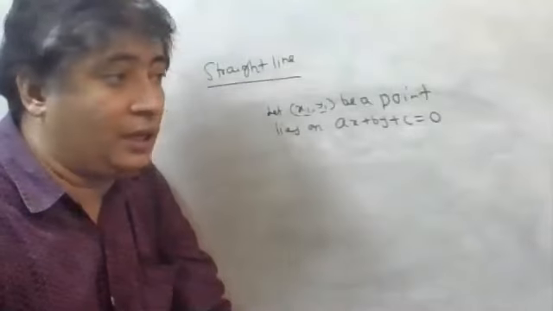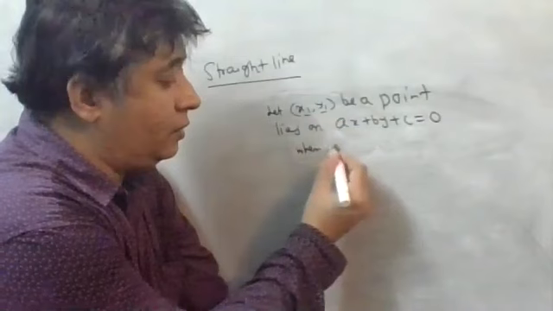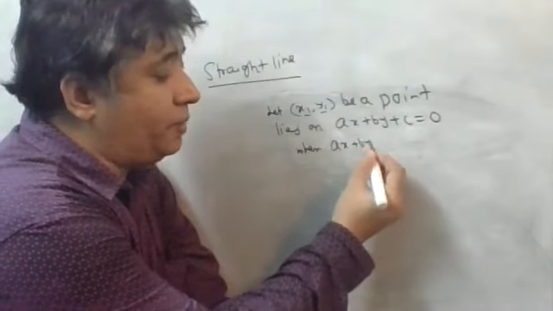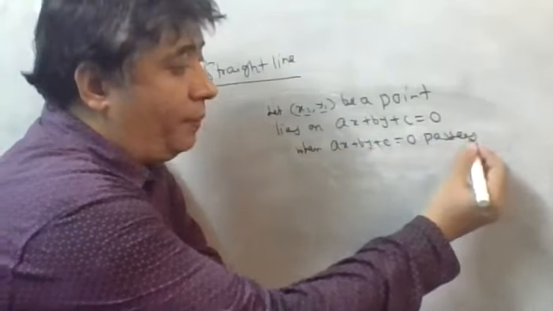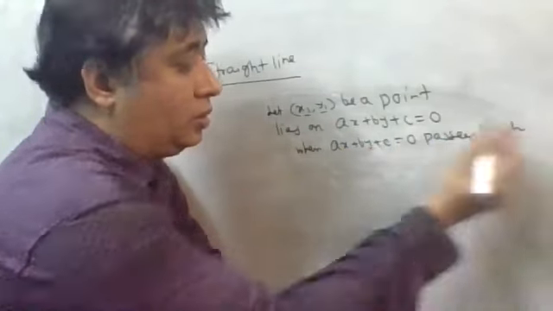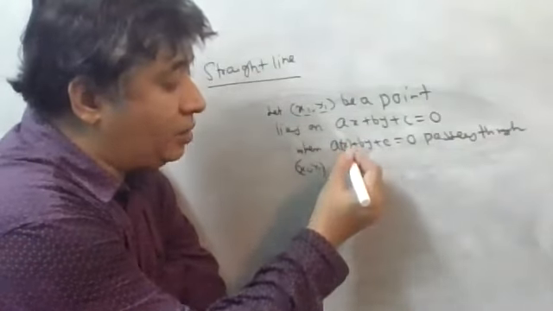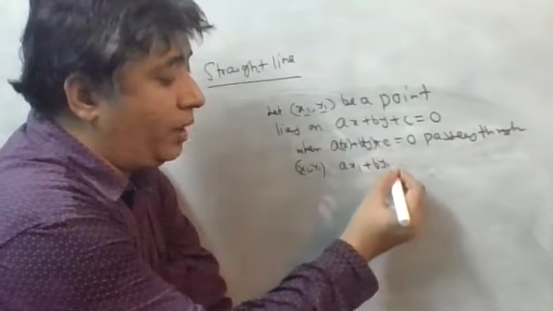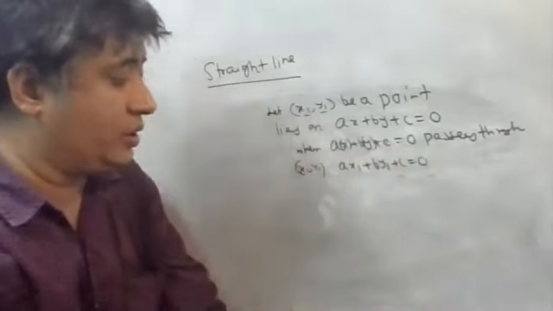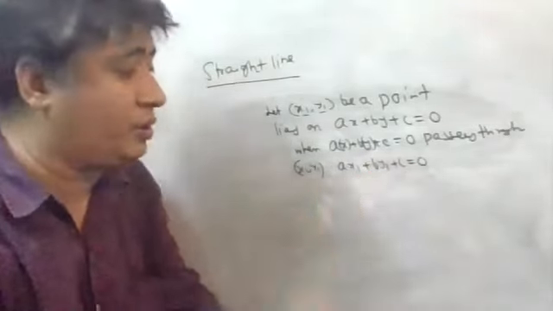What is meant by this satisfying? It means when ax plus by plus c is equal to 0 passes through x1, y1, then in place of x you put x1, in place of y you put y1, and it equals 0. So ax1 plus by1 plus c is equal to 0.